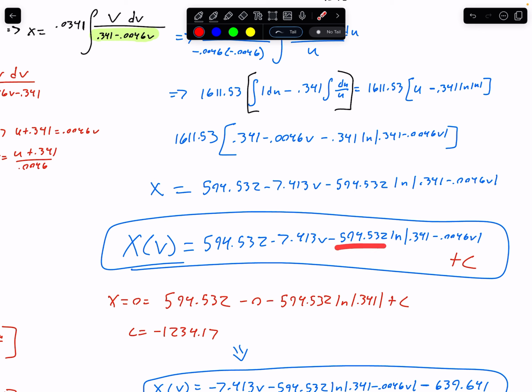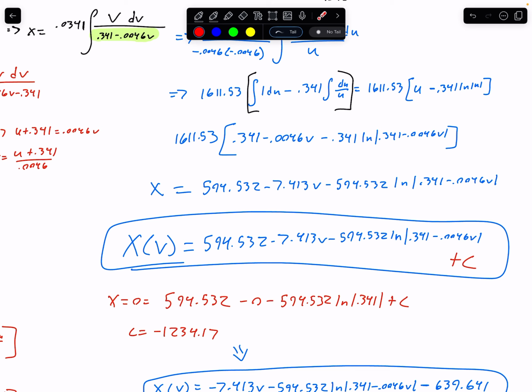You notice these two numbers are equal and opposite, but the natural log of 0.341 is negative. So this would turn into a positive, and we end up with a number in the 1200s.